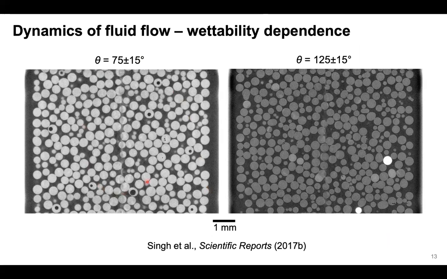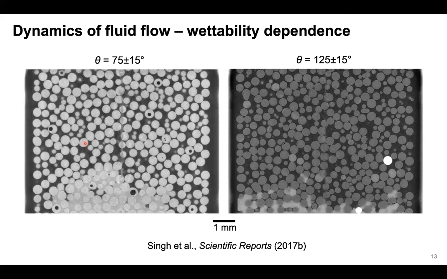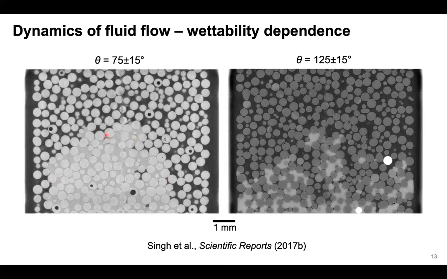What you see on both sides are cross-sections, vertical cross-sections through the middle of the sample. And what you see here, black is oil, initial oil, and these grays are the spherical particles. And what we do now, we inject brine from the base in both contact angles, and we can clearly see a very compact front here.